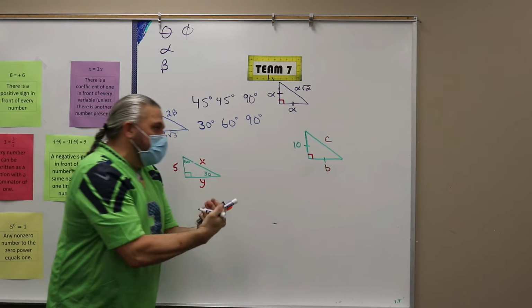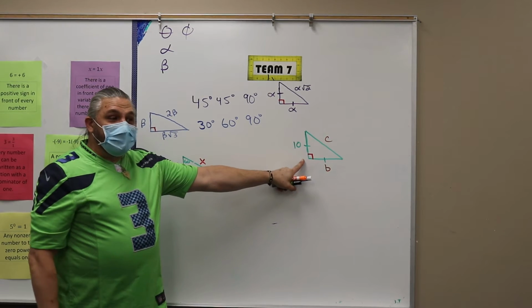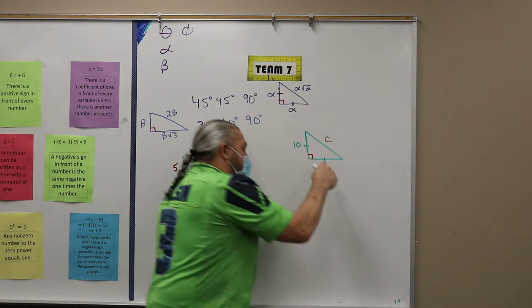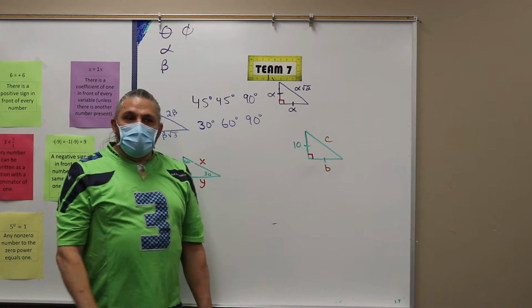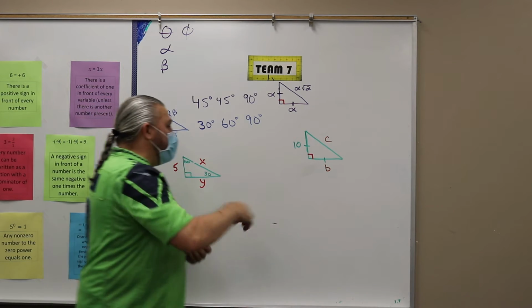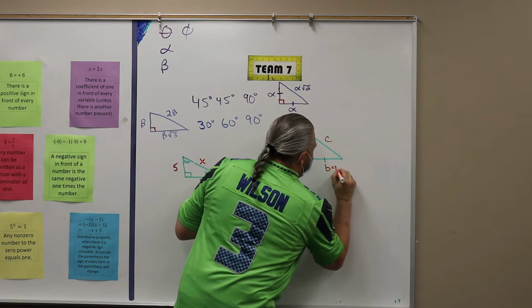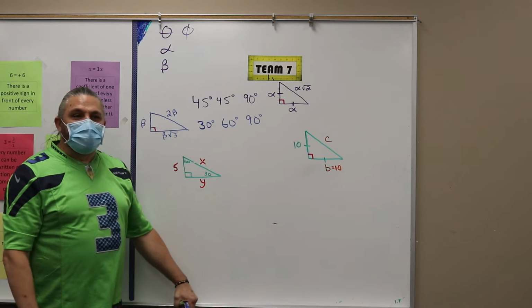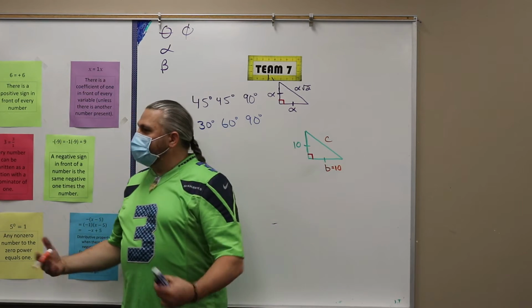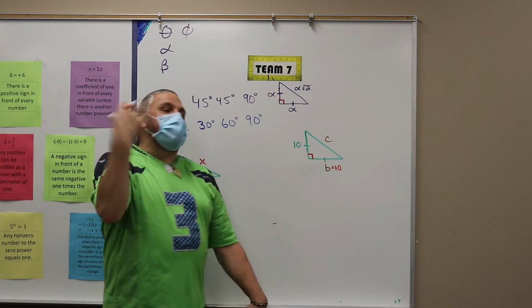And so anytime you see a 45, 45, and they give you a side, I know right away what that side is. What is it? 10. Right, so right away, I'm locked in at 10. That one was easy. And then you could do a squared plus b squared equals c squared, but it's not that hard.